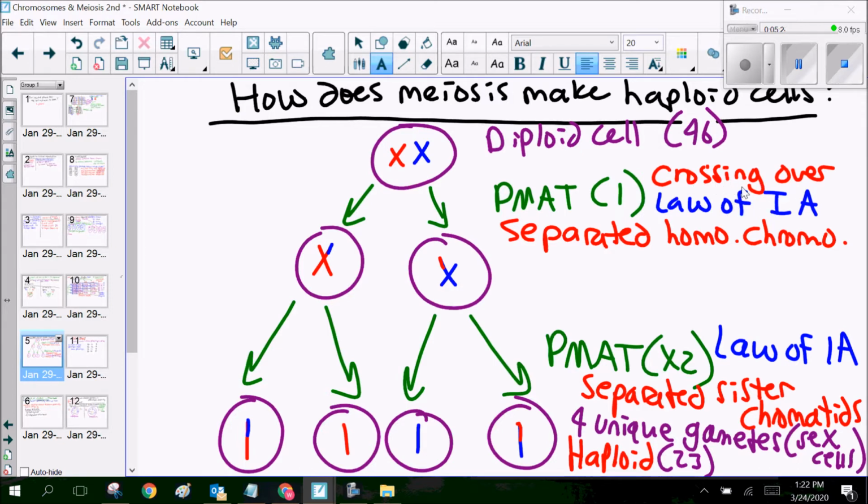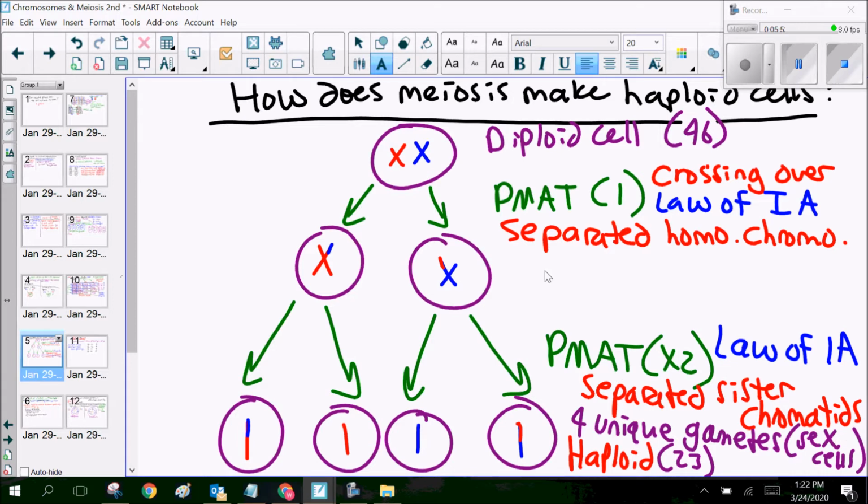And it goes over the process of crossing over, which is where homologous chromosomes swap genetic information, and also goes over the law of independent assortment, meaning that it's randomized as to which one of the original chromosomes goes into which developing sex cell. We then have PMAT again to go ahead and again demonstrate the law of independent assortment. It's randomized as to which one of the four new gametes is going to receive which chromatid.